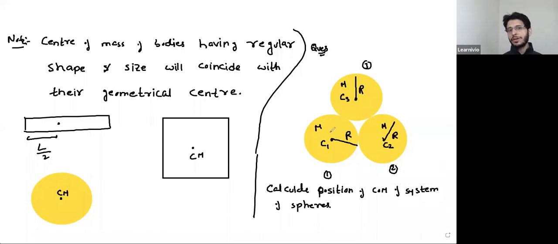So that's the first step. First of all, you will replace these spheres by their respective centers of mass. Now, how many centers of mass do you have in your system? 3. Now you will replace each sphere by its center of mass and calculate a common center of mass of the system, of all 3 spheres.